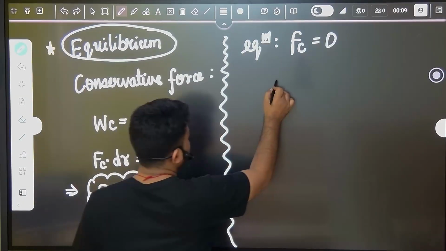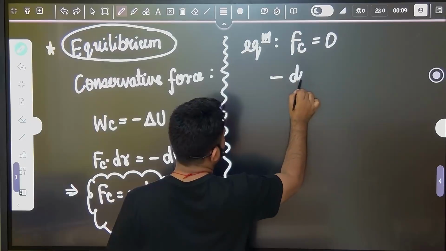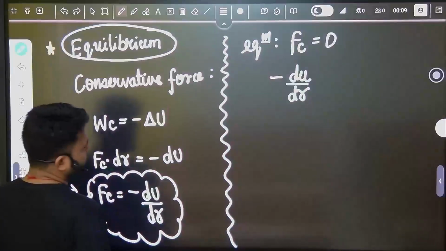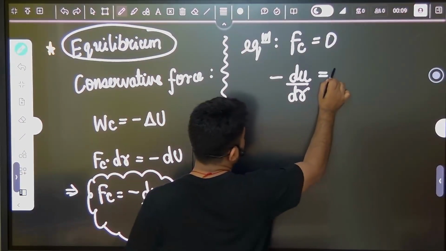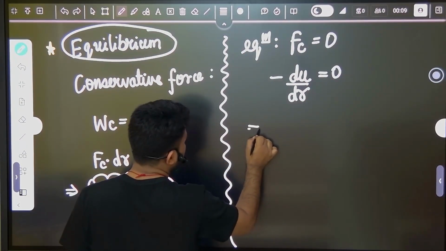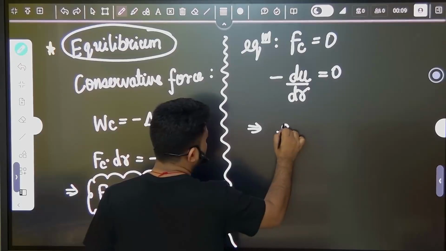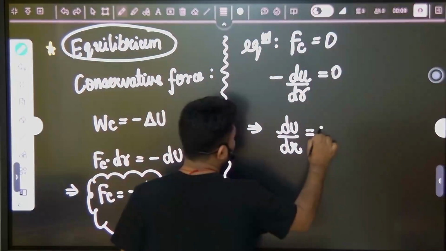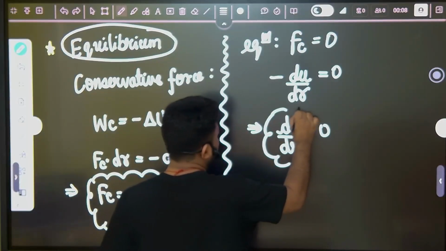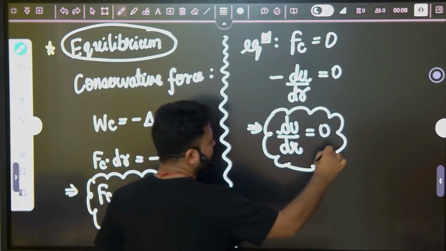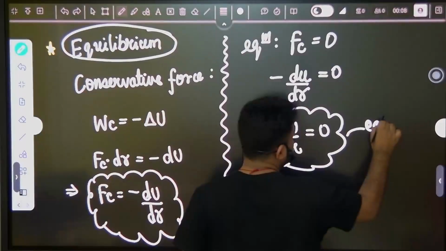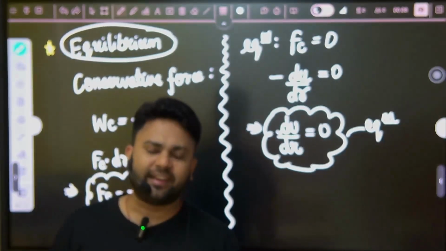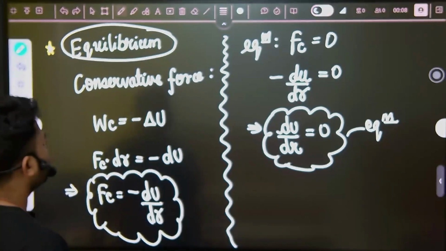So conservative force is zero means minus du by dr, Fc equals minus du by dr, has to be zero. Means we can remove the minus sign. So du by dr has to be zero. So for any kind of equilibrium, this condition needs to be satisfied: that du by dr value has to be zero.